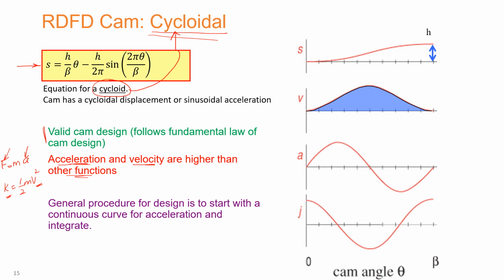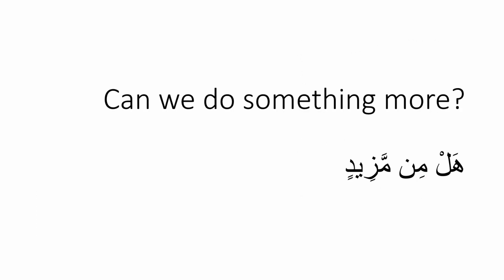And also we have raised a bit of concerns. We're going to try to address them in the subsequent discussions. But once again, we're going to raise this question over here. Can we do something more? Although this cycloidal CAM profile is an acceptable CAM profile, we wish to further improve it, and that's why we are raising this question over here.